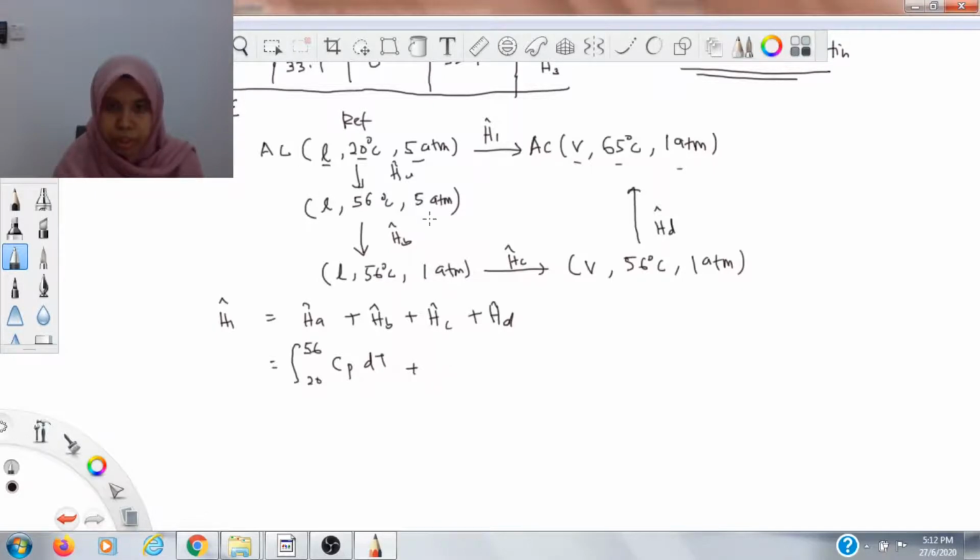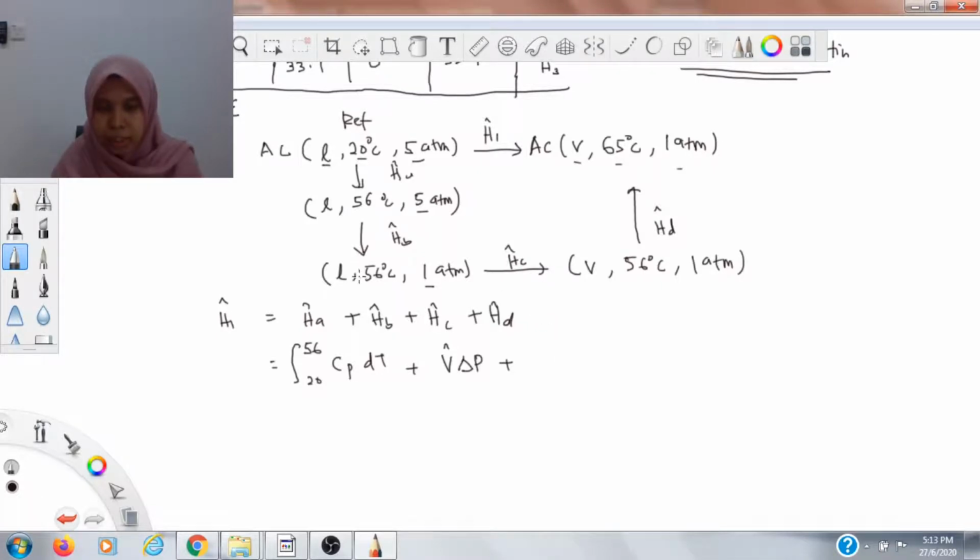How about HB? In HB, there is a change in pressure. If you still remember, to obtain the enthalpy for a pressure change, we use the formula: specific volume times delta P. Next, plus HC. HC here is a phase change. For a phase change, you have to obtain the value from table B1.